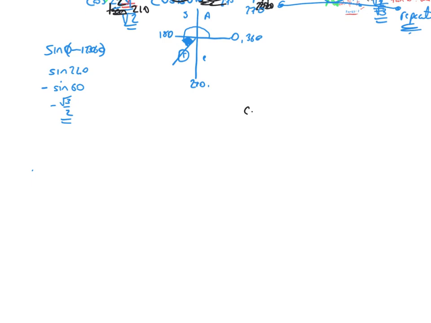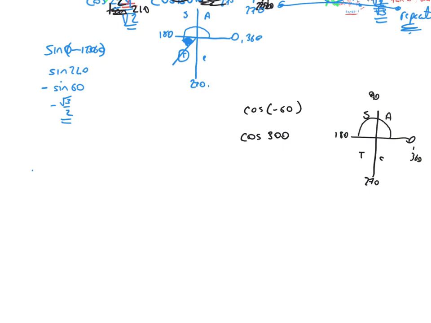Okay, next one, cos of minus 60. Cos repeats itself after 360 degrees, so I want to get within range, add 360 onto that, that's cos 300. CAST diagram again: 0 to 90 to 180, 270, 300.